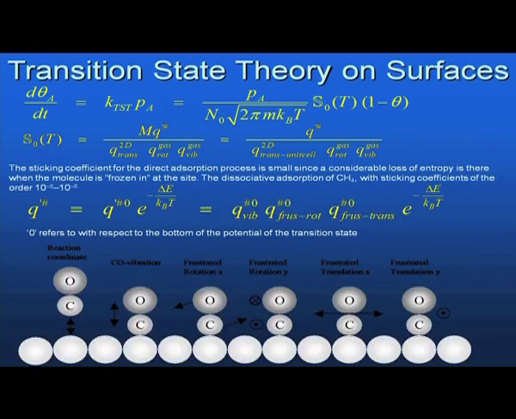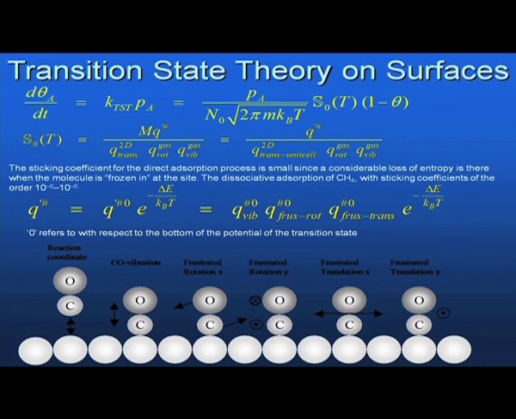So, what do we get out of this discussion? Okay. Now, it is important to note that we are discussing here the adsorption process, and we are trying to apply transition state theory onto surface adsorption. Okay.